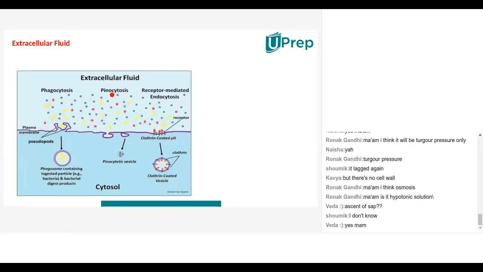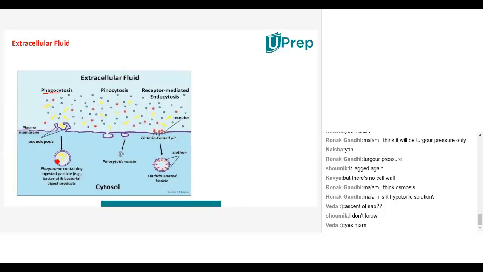When you take the word phagocytosis, phago means solid particles. Solid particles will be taken in by the cell by a process called phagocytosis. Particles include solute molecules like glucose, proteins or lipids, which you take as nutrients in food, and they will be taken inside the cell by the plasma membrane.